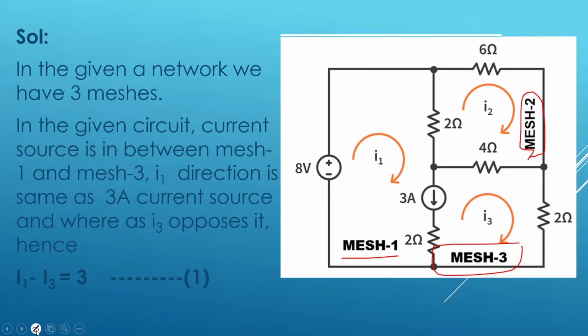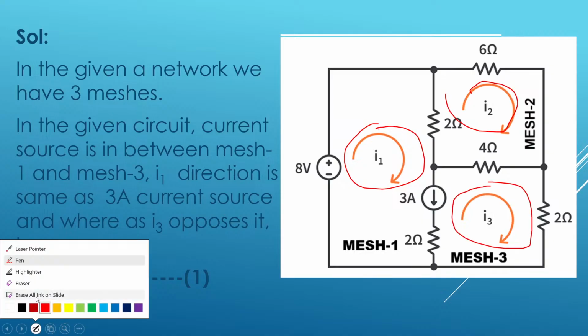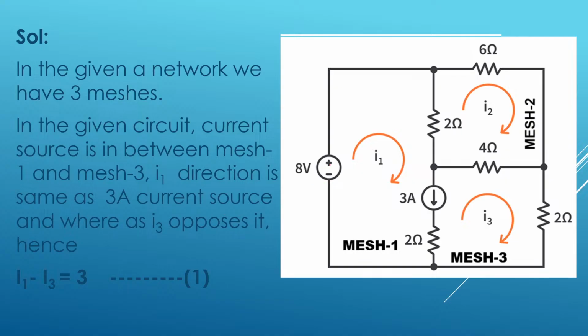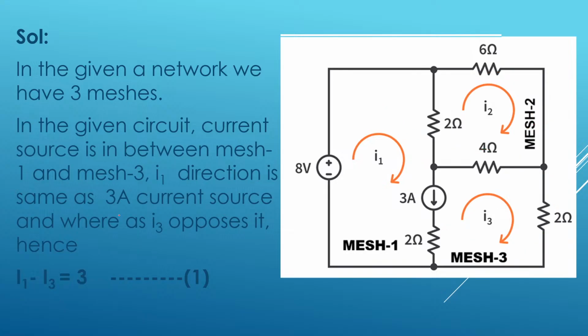If the question itself mentions the loop currents, that is okay. Even if they don't mention them, you assume your own loop currents, or mesh currents. I have assumed all the mesh currents in the clockwise direction. Just observe, this is clockwise, clockwise, and in mesh 3 also I have assumed the clockwise direction. So all the currents are in clockwise directions.